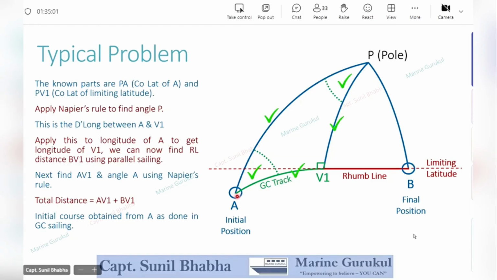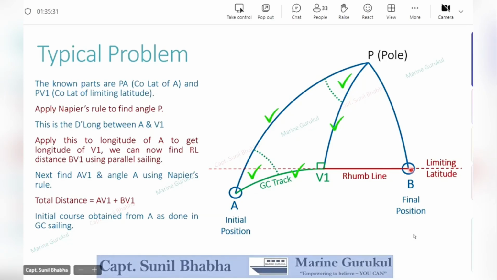Say, to give you an example, if the longitude of A is 30 degrees east, the longitude of B is 70 degrees east, and the longitude of the vertex 1 from Napier's rule comes out to be 80 degrees east. Now 80 degrees east has to be east of Bravo, indicating to us that this vertex 1 is going to be eastwards of Bravo or outside the triangle PAB.